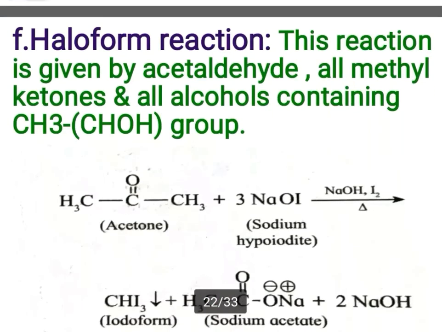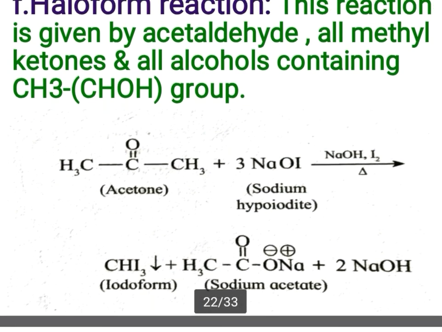Next is the haloform reaction. This reaction is given by acetaldehyde, all methyl ketones and all alcohols containing the CH3CHOH group. See, this is the haloform reaction. Here acetone is a substrate.